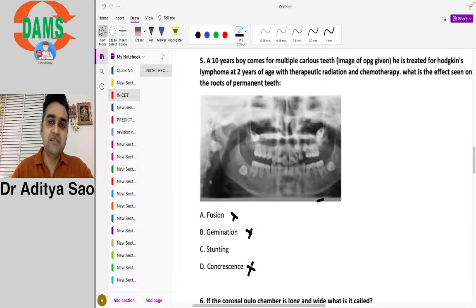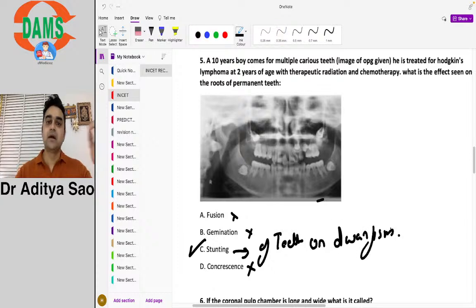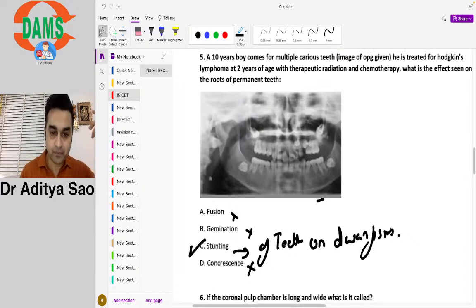They are not commonly seen with therapeutic radiation and chemotherapy. What is seen is stunting of teeth, also known as dwarfism of teeth, in cases of radiation and chemotherapy. So the correct answer is stunting of teeth or dwarfism.